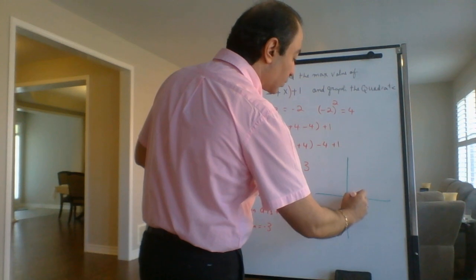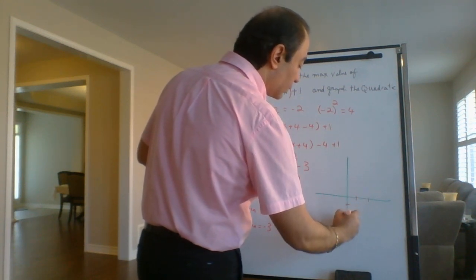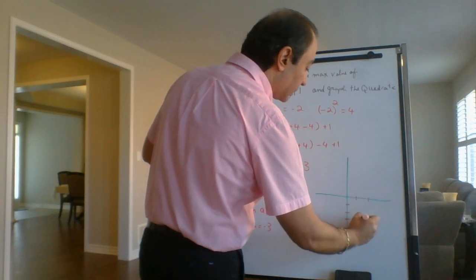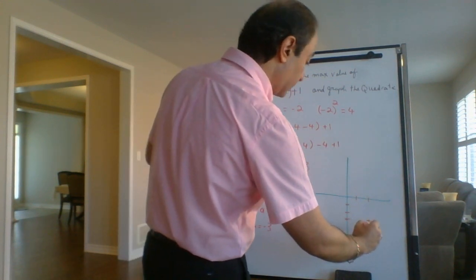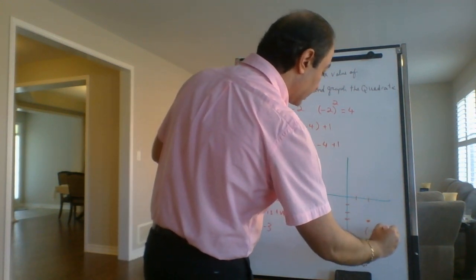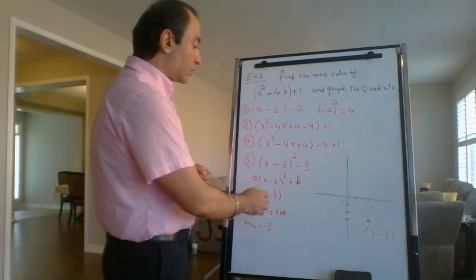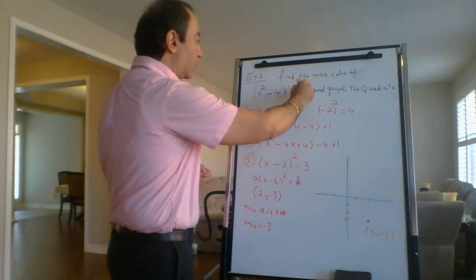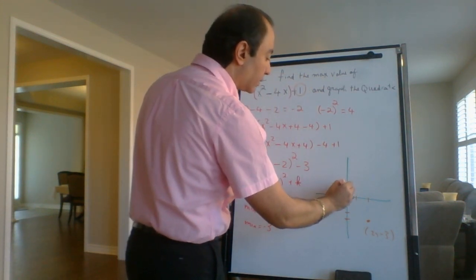So this is 1, this is 2, this is negative 1, lowest point. Then I know also that I have a y-intercept at 1 from the standard form, so y-intercept here at 1.